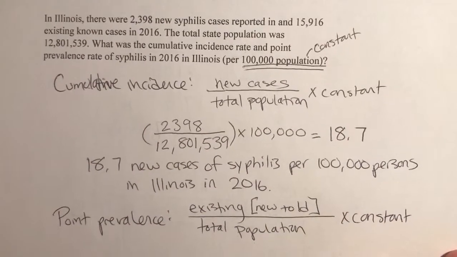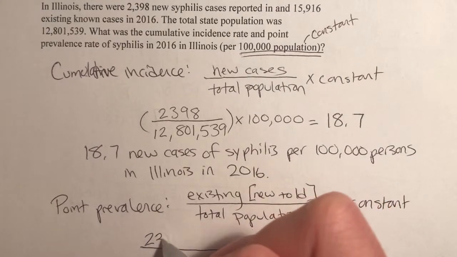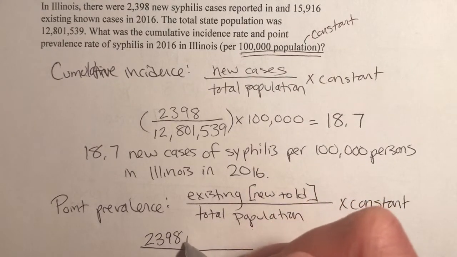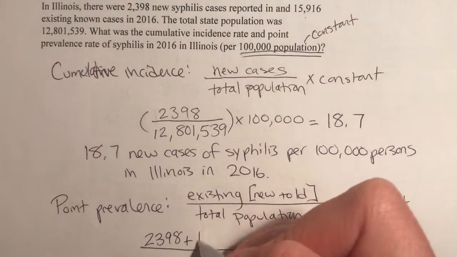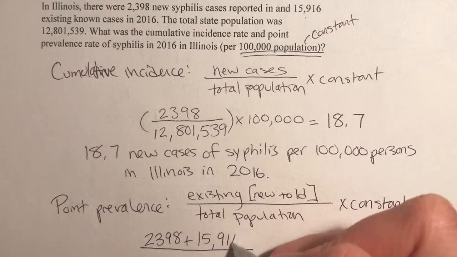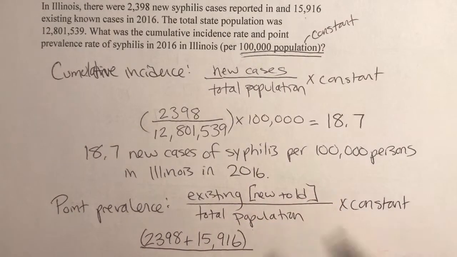So if we come back up top here, we can see that our existing cases include the new cases, the 2,398, plus our existing cases already known in that year of 15,916. So both of these numbers are going to be included in our numerator.